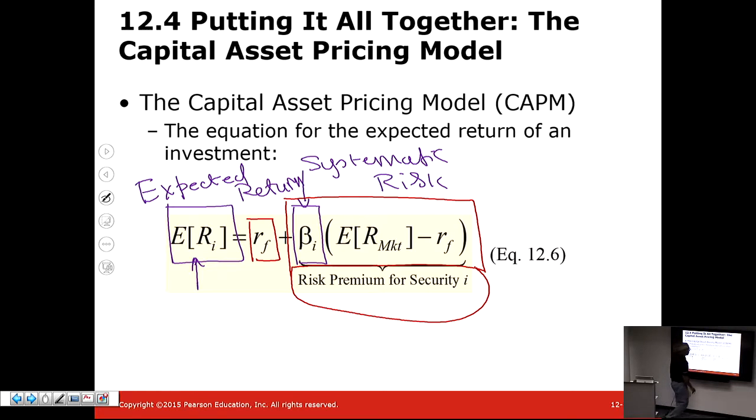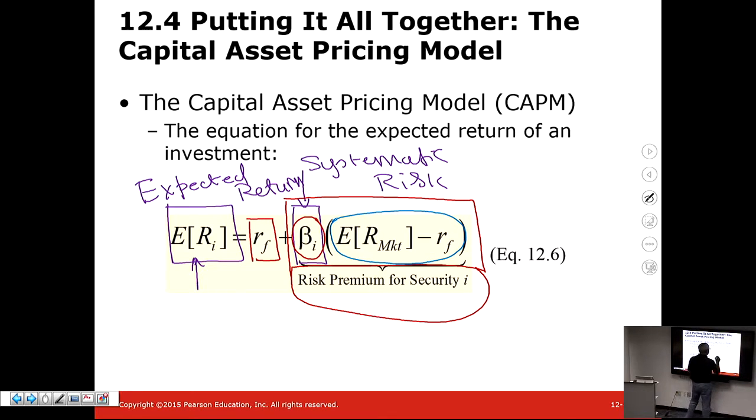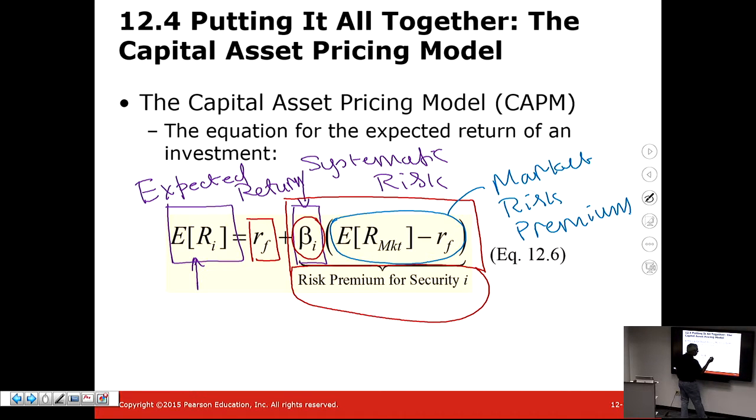But how is that compensation measured? It is measured by taking beta and multiplying that beta with this particular part. This blue circle measures what is called the market risk premium, because it measures for you the return on the market portfolio, which is the S&P 500, above the return on the treasury bill.